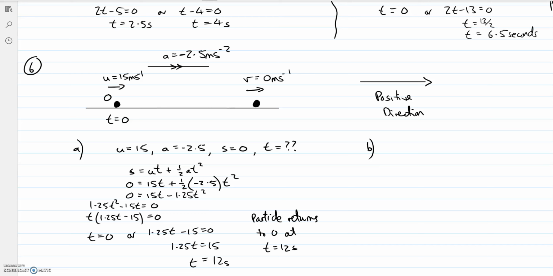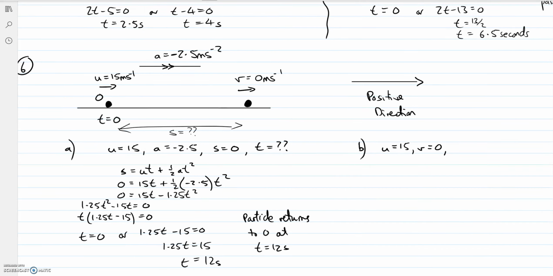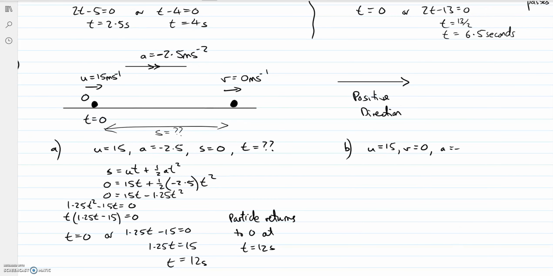But that's really important because now I can work out this distance here, the displacement from O. And obviously to get back to O, it's got to travel that same distance again. So we can now use u is 15, v is 0, that's the end of the line for it, a is minus 2.5, and we can try and find s. So v squared equals u squared plus 2as, v is 0, 15 squared plus 2as.